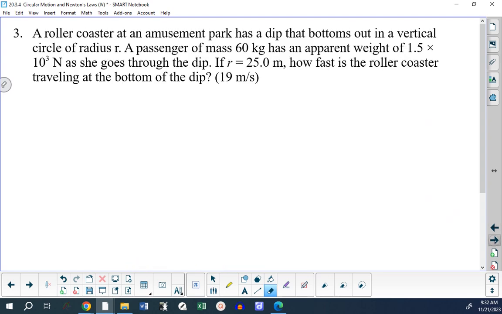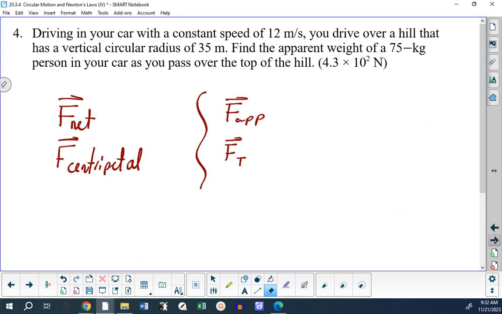There's no string here. So the applied force is the force of the car seat pushing against you, or of you pushing against the car seat. We don't want to really dwell too much on Newton's third law, but the bottom line is that this is the normal force.